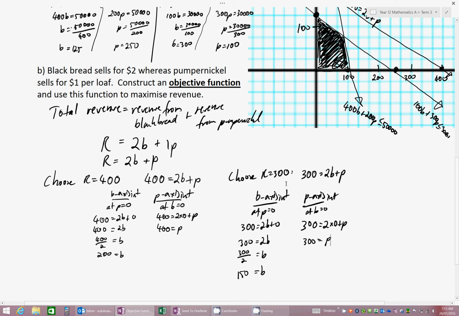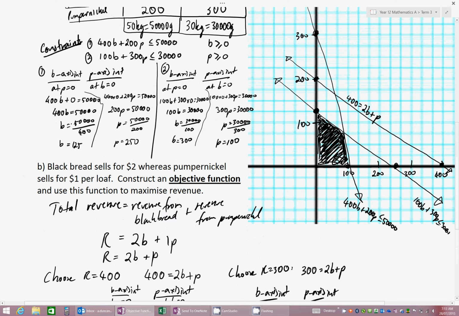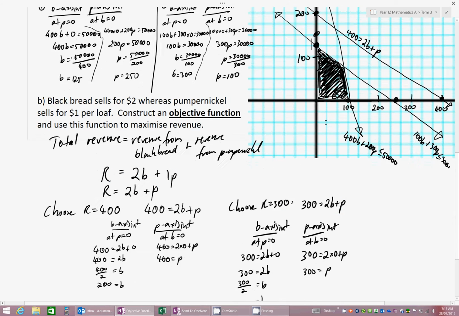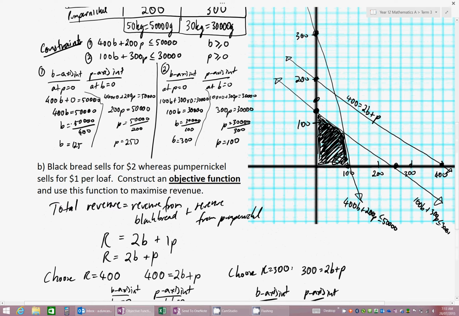Right, so I can put my new objective function for 300 revenue, B at 150 and P at 300. Yeah, so you can see again, never going to actually make $300 revenue. Yeah, we just don't have enough ingredients to do that.